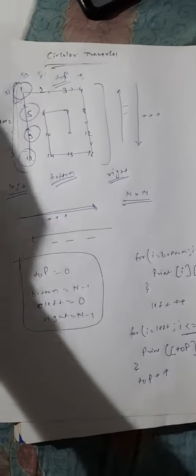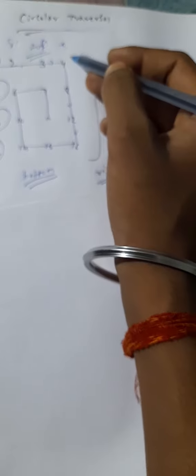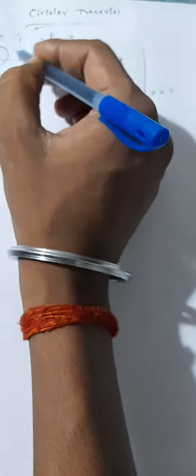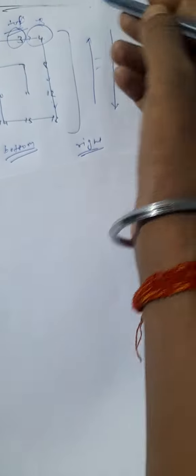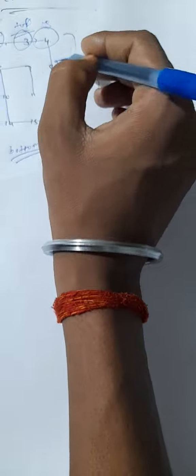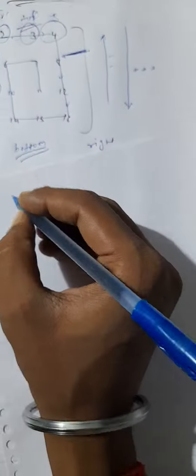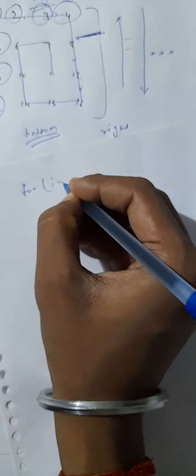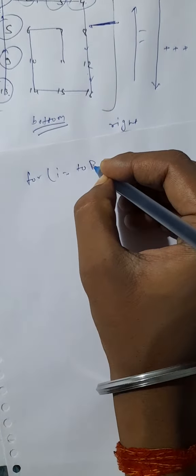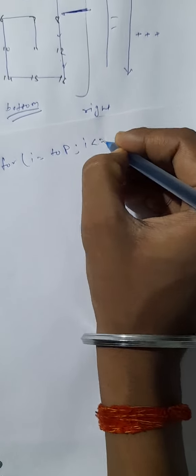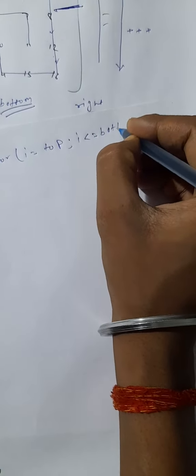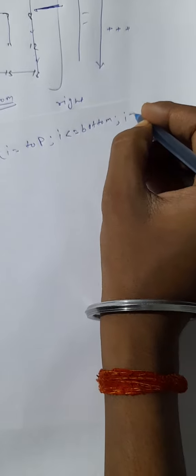Okay, guys, now we have to move top to bottom. Now we have covered this element and this element, and after top plus plus we can start from here. Now for i equals top, and bottom is always greater, i less than or equal to bottom, i plus plus.